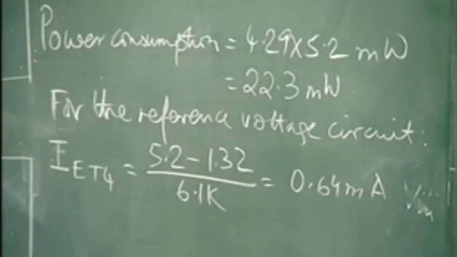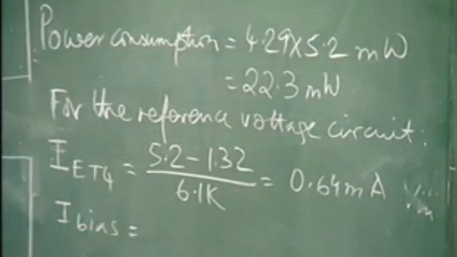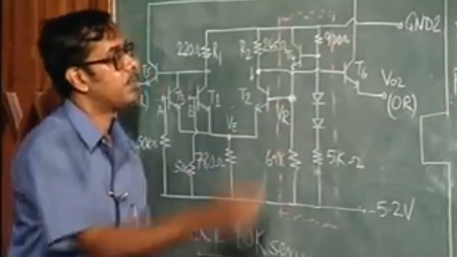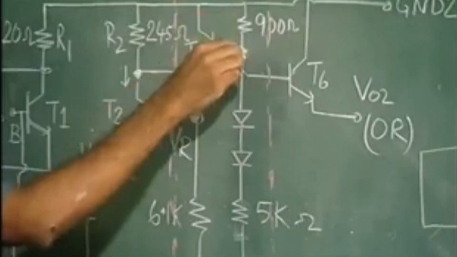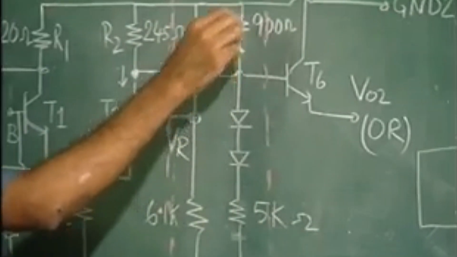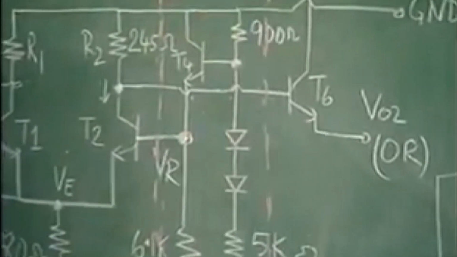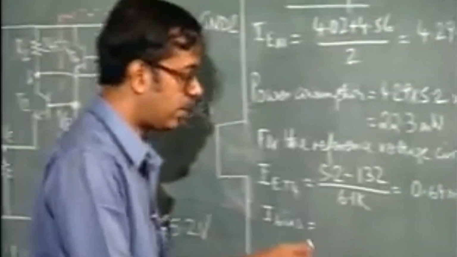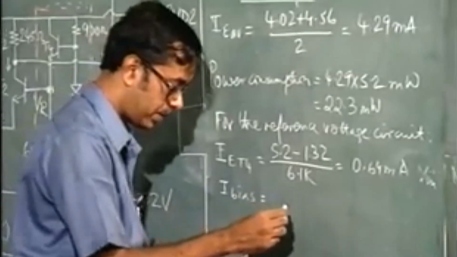And bias, that is the other part, this one. One can easily calculate, we know this voltage. The current flowing through this, if you know the voltage, this is ground. So, that is the drop across 900 ohms divided by 900 ohms gives the current. We have already seen that the base of T4 voltage is minus 0.57 volts.